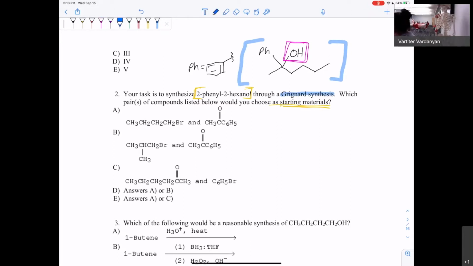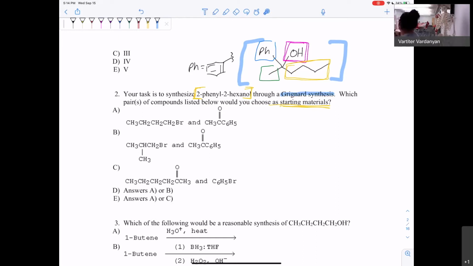I know it was a ketone because looking at this, I see 1, 2, 3 unique carbon groups. If my starting material had been an aldehyde, one of these groups would be an H. If my starting material had been an ester or something else with a leaving group, 2 of these would be exactly the same. Since that's not the case, you know you started with a ketone.